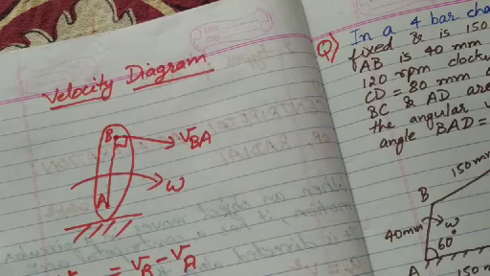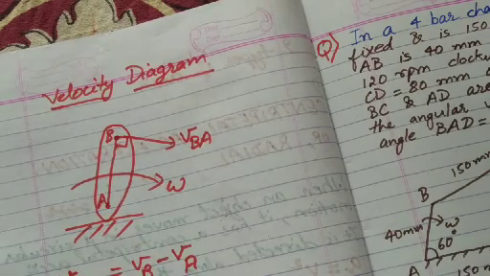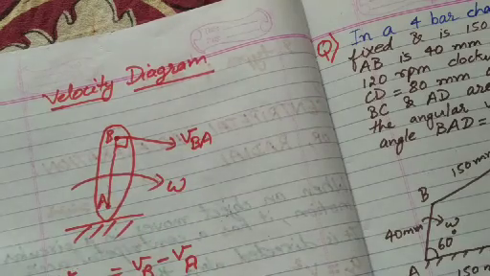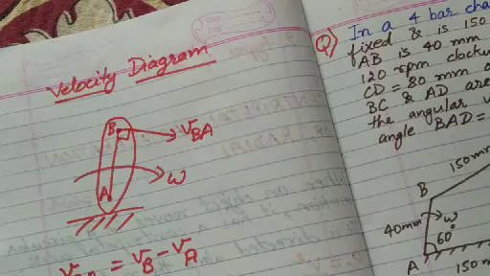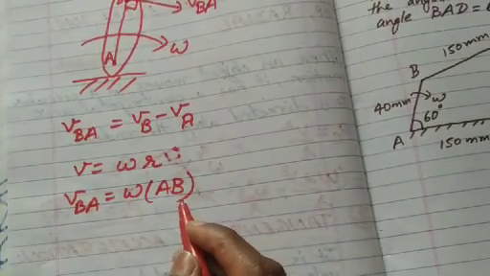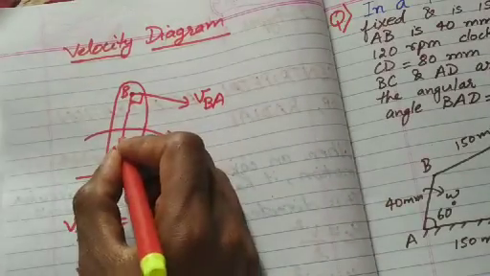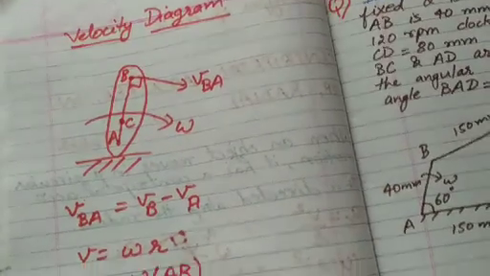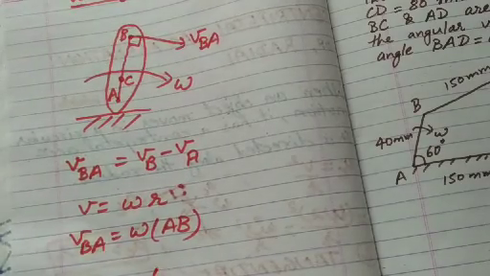Here omega is provided, and r is the link AB. So we get VBA equal to omega AB. If there is another point, let it be C, then the velocity of C with respect to A is omega AC.